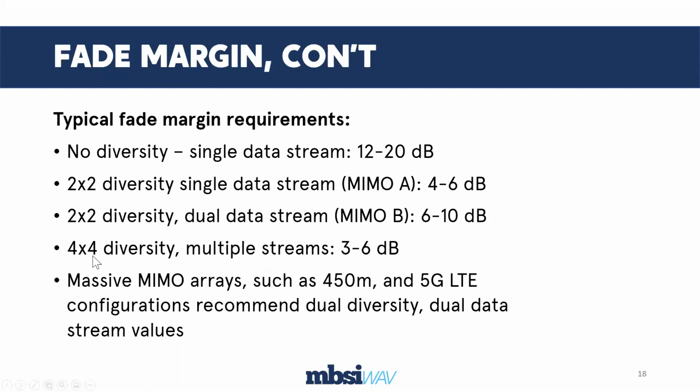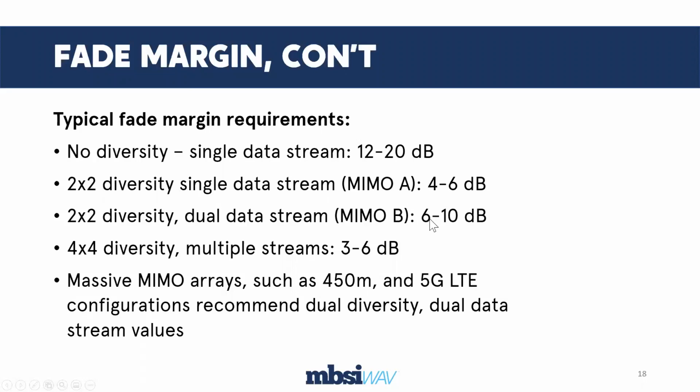If I'm using 4 stream or higher diversity, then I'm in this 3 to 6 dB range. For massive MIMO arrays such as the 450M and some 5G LTE configurations, I recommend that as we plan for it, we use dual diversity, dual data stream values here as the minimum fade margin.